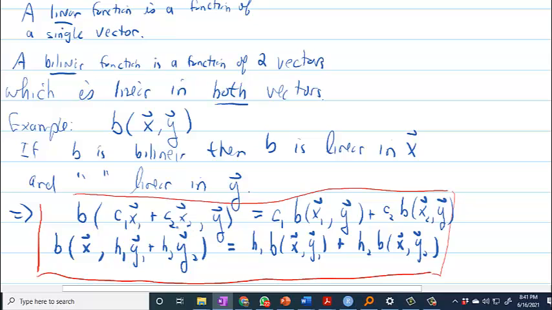If I look only at the vector in the first place, which in this case is c1x1 plus c2x2, you can see that I have b of a linear combination of x's, and the result becomes a linear combination of the value of b at the different x's. And the same with y, right? So we have linearity in both of the vectors which make up the bilinear form.